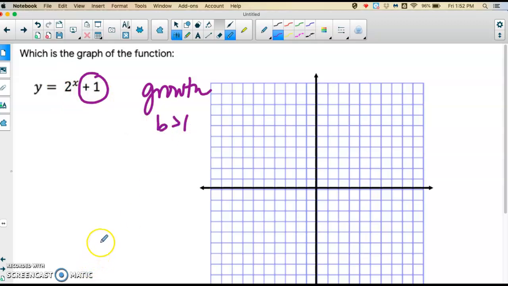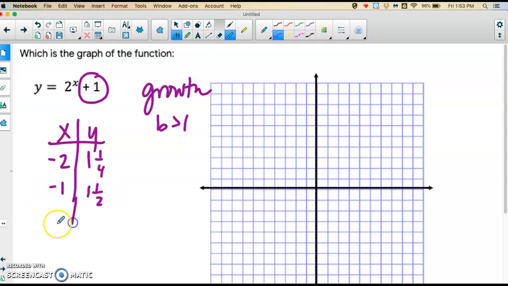And so when you do this, you can make a table if you want to, okay. So that's what I did. I started at like -2, and that would be 1 and 1/4. -1 is 1 1/2. If I plug in 0, I'm going to get 2. And if I plug in 1, I get 3. So you see it's exponential growth. And then you can just plot those points.